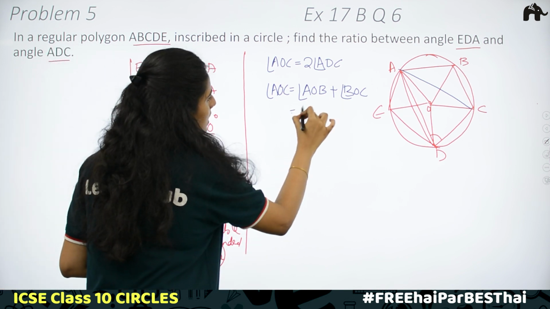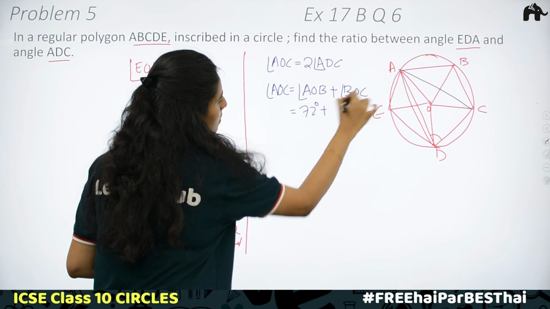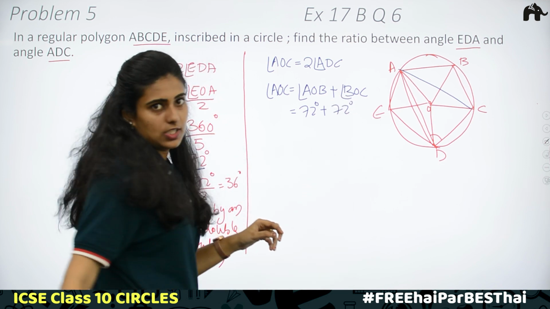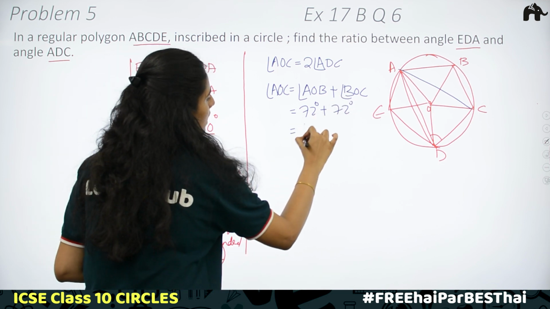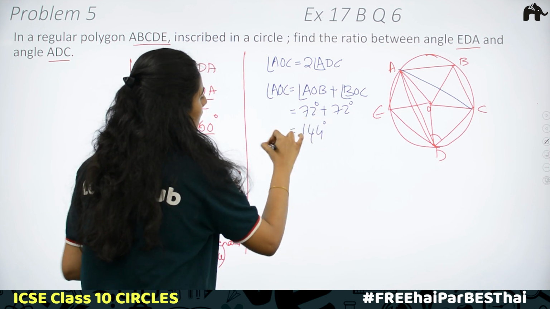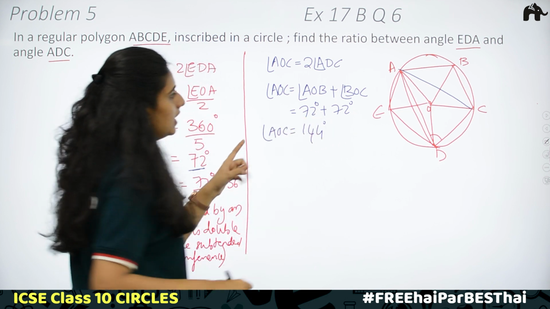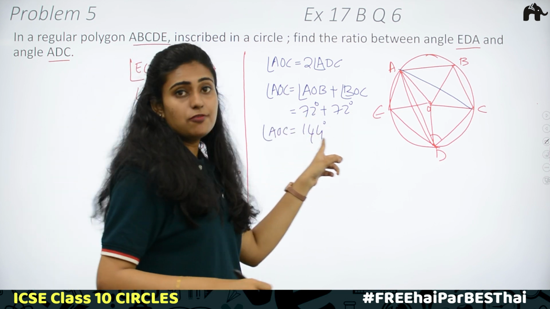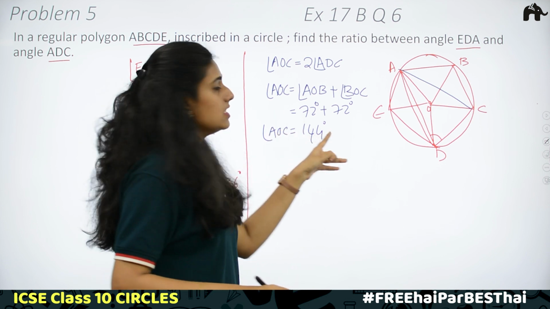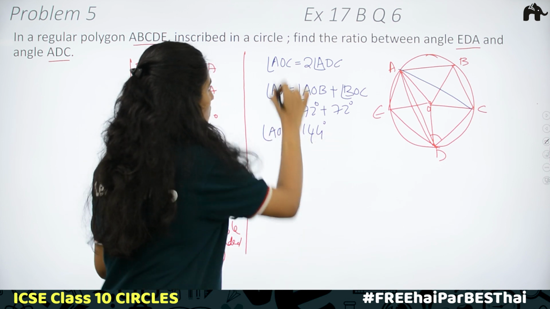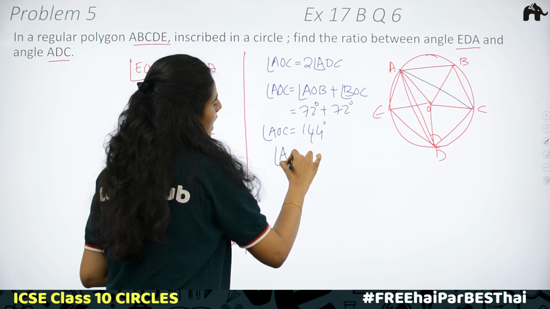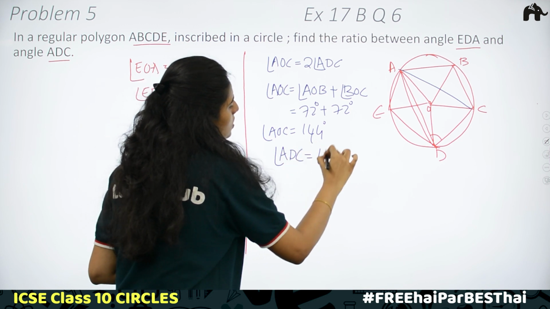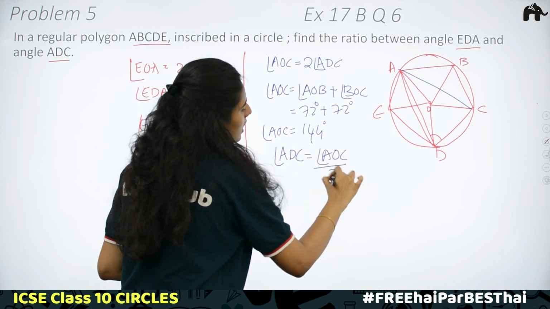Therefore, AOB is 72 degrees and BOC is also equal to 72 degrees. 72 plus 72, we get 144 degrees. Angle AOC is equal to 144 degrees. If AOC is equal to 144 degrees, what is the measure of ADC? Angle ADC will be equal to angle AOC divided by 2.